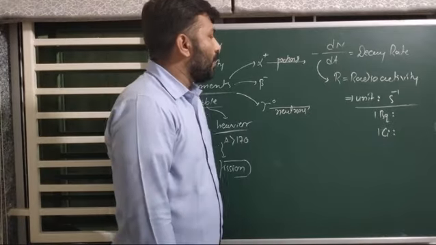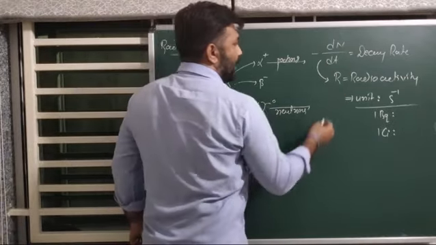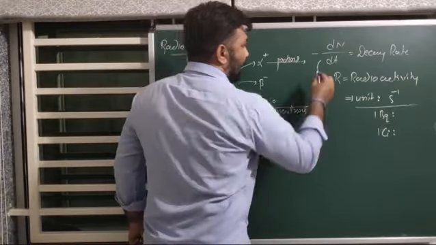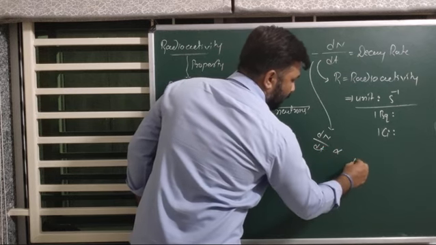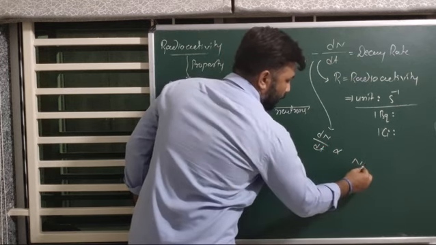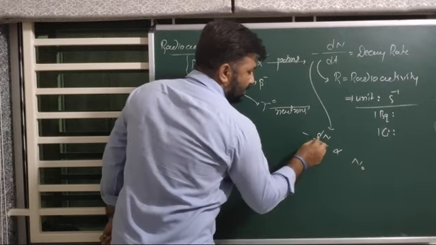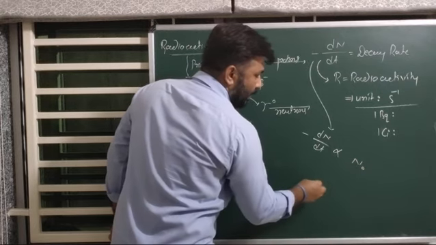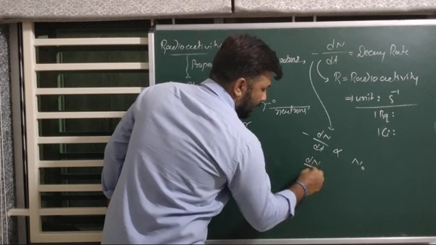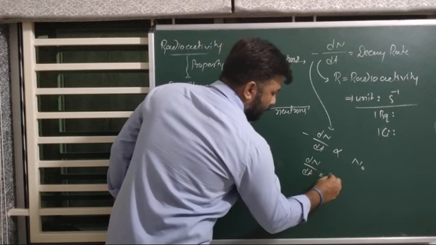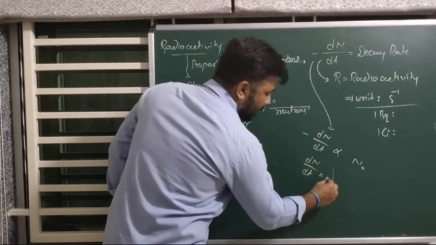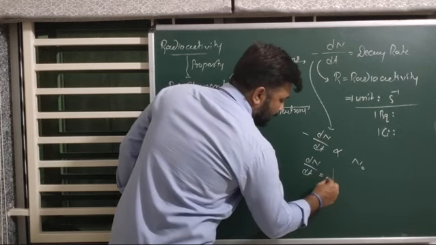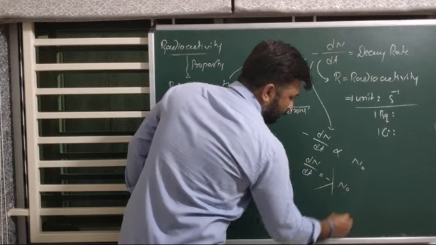So this is about radioactivity or decay rate. This decay rate depends upon the initial nuclei, that is, dN by dt is directly proportional to the initial nuclei N0. Put a proportionality constant lambda and take a minus sign, so dN by dt equals minus lambda N0.